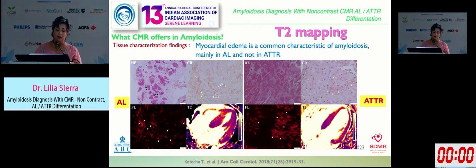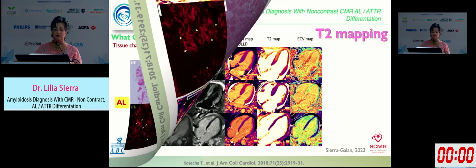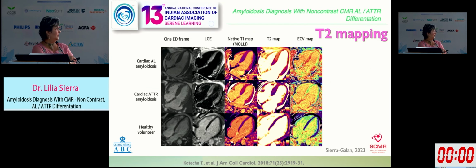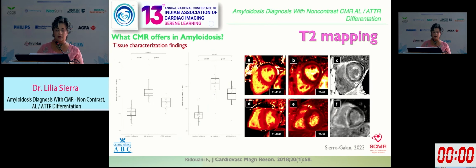In terms of T2 mapping, usually AL has more edema. You can see here more edema in the segments of the AL compared with the ATTR, but that's not always like that. It could be less like in the previous one, or it could be more than in this one. So we need to be careful about it and see that there is a bit of overlapping.